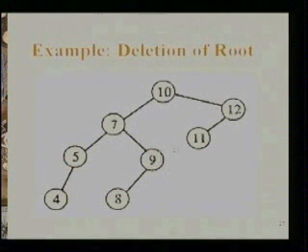Fortunately for us, in this particular case, this node is having just one left child, and that will become the right child of 7, and that is the way you will delete this particular node. That is, 9 will go over here, 8 will come here, and this will be totally eliminated. That is the way you delete when you are trying to delete from the root.